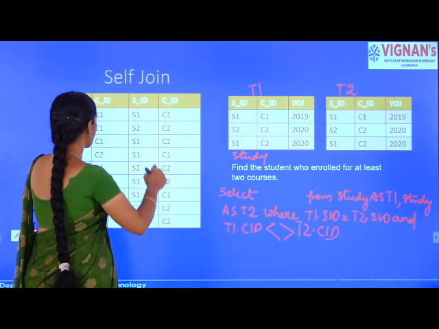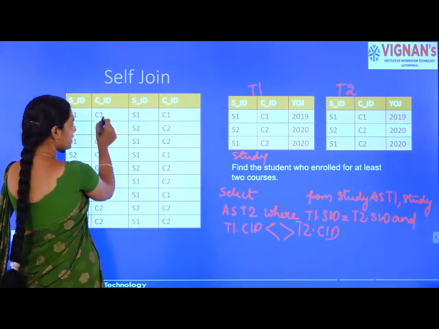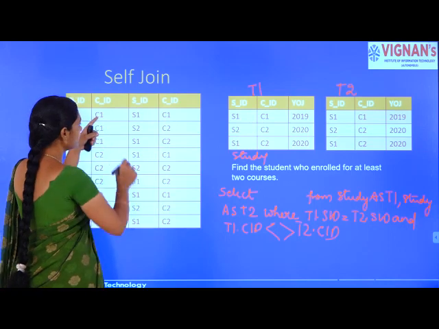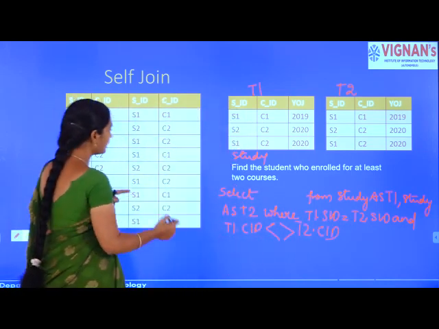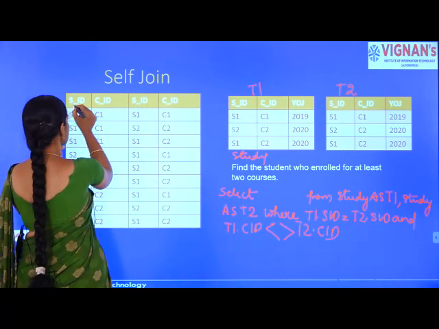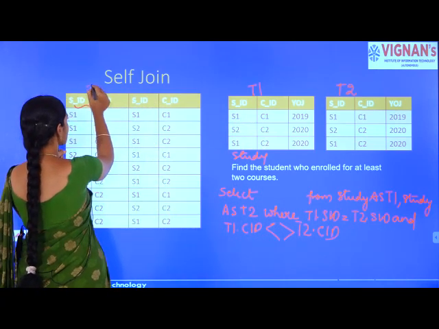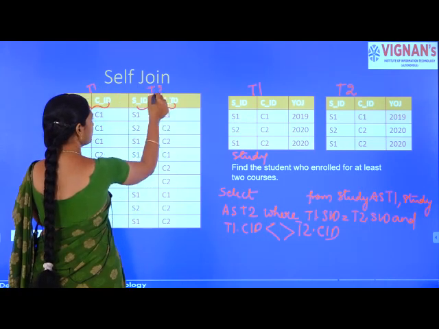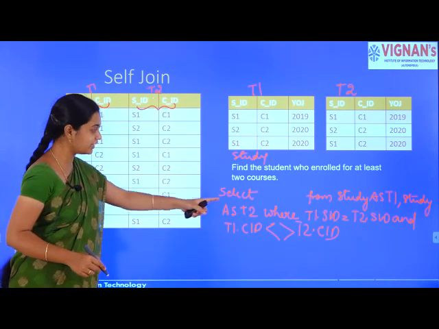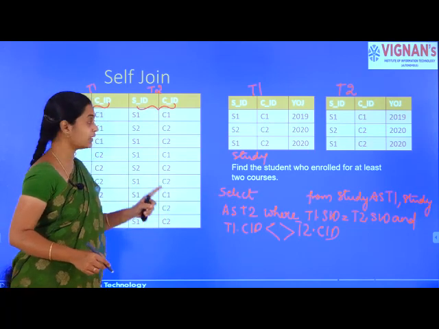So see here, what is the first one? S1, C1: student 1, course 1. Is this equal to T1 dot SID? These two attributes belong to T1 and these two belong to T2. What is the first condition here? SID should be equal.